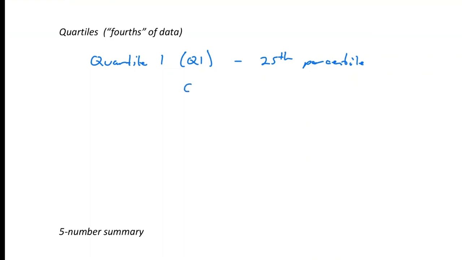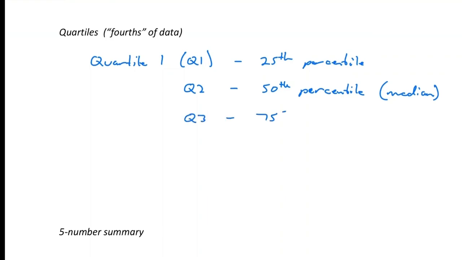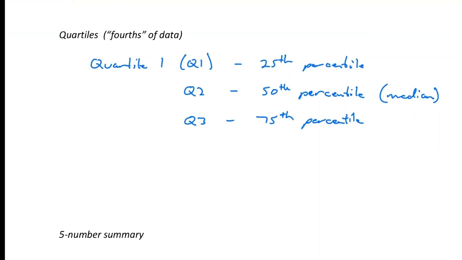Quartile 2 or Q2 is going to be the 50th percentile, half below, half above. Where have we seen that before? That is right, with the median. Q3 is the 75th percentile. So 75% below, 25% above.